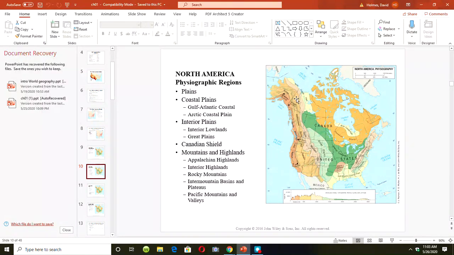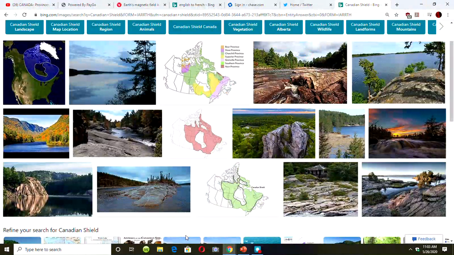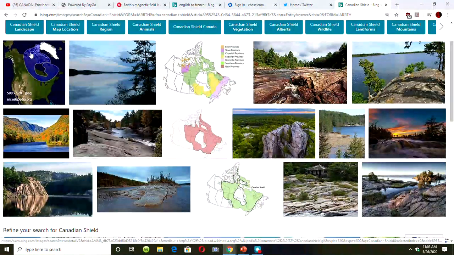One thing unfamiliar is the Canadian Shield. What is the Canadian Shield? The Canadian Shield is primarily a Canadian entity, a physiographic region.